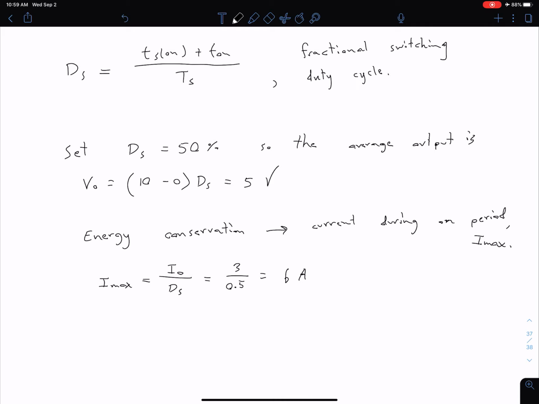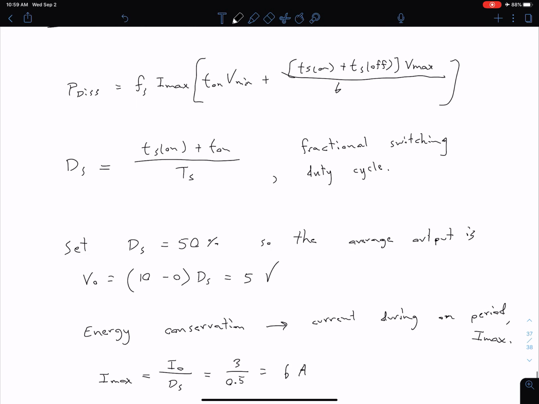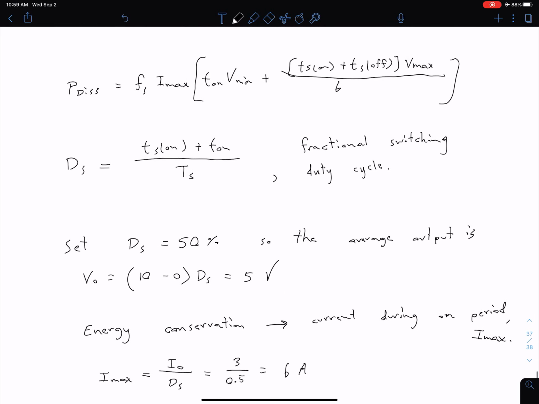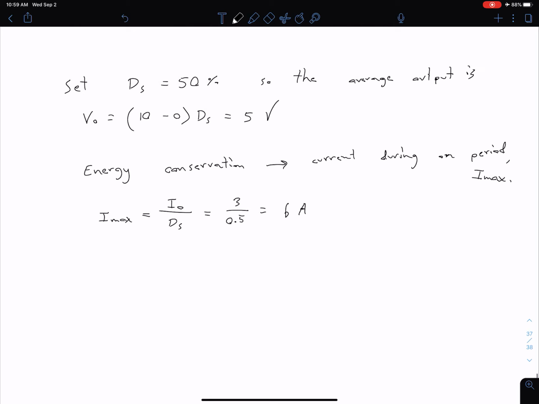So let's put in some typical transistor values so that we can plug into this P-dis equation. So let's say for a typical transistor, we have a minimum voltage, Vmin, equal to 0.7 volts.